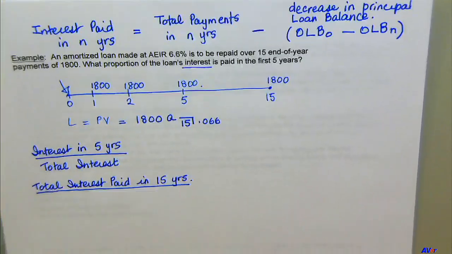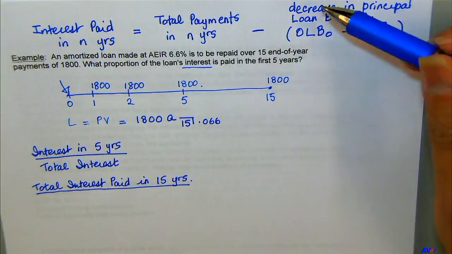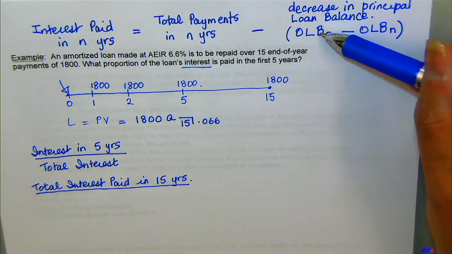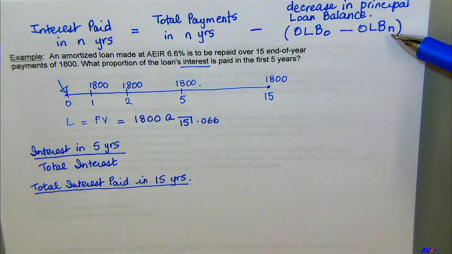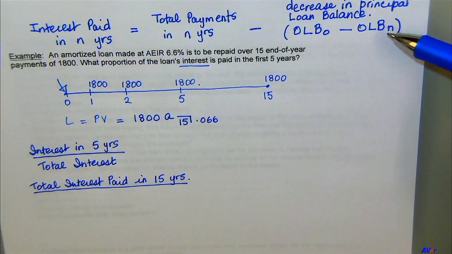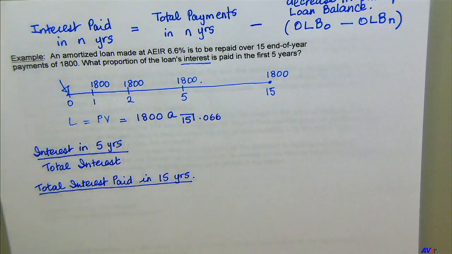As we know from the amortization schedule, if you take the OLB0 minus the OLBN, it will give you the sum of the principal payments within those years. That's the difference, right? Let me turn to an amortization schedule to show you.